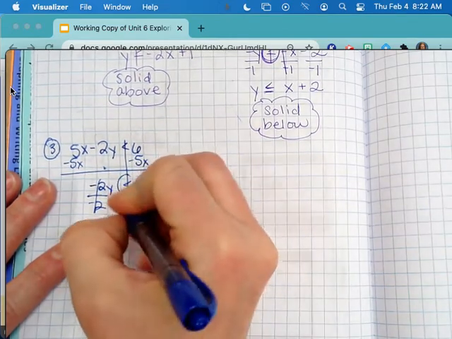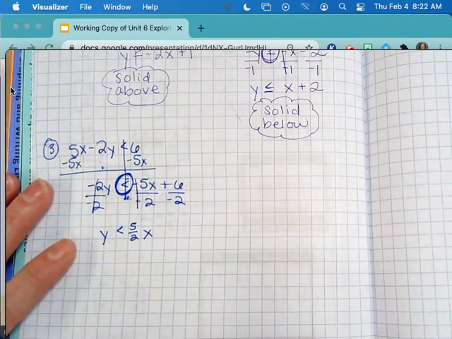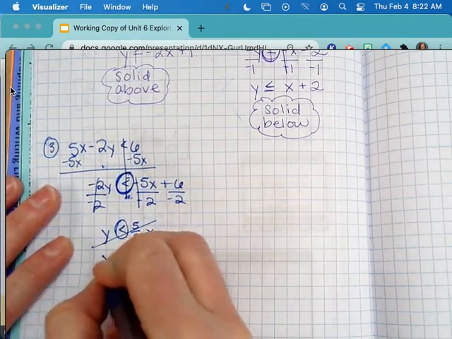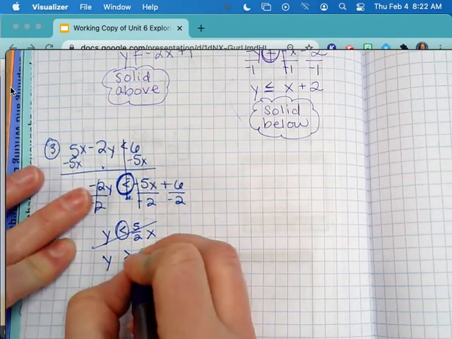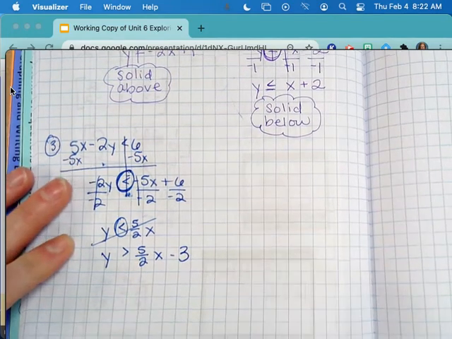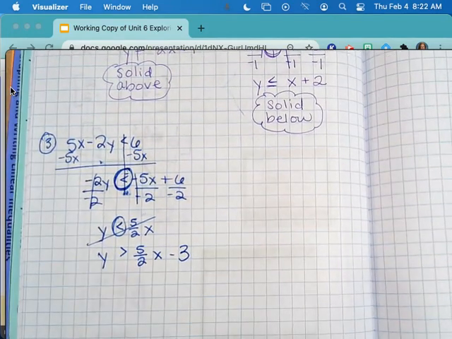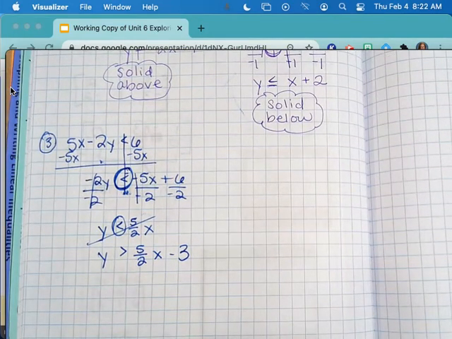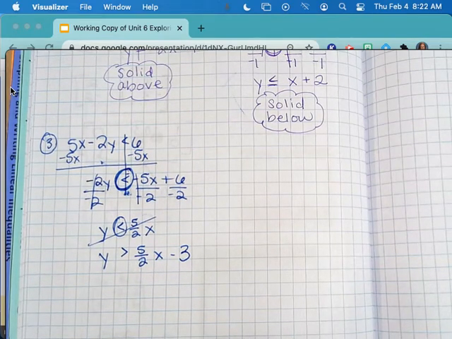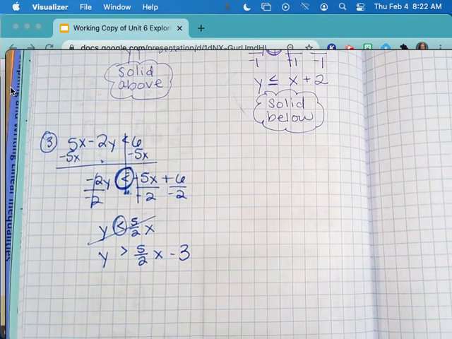Oh, but we've got to change this, don't we? So I need to change it. Y is now greater than 5 over 2x minus 3. Do y'all agree? Is that okay? Did I do it right? Less than becomes greater than because we divide by the negative 2.